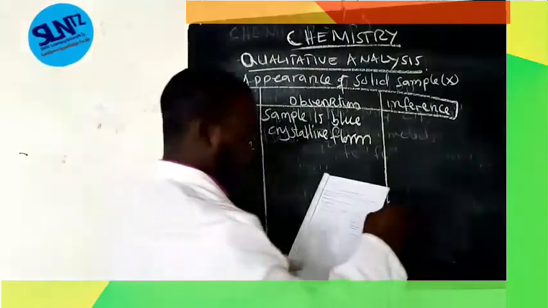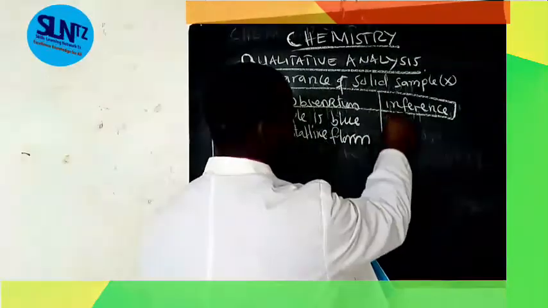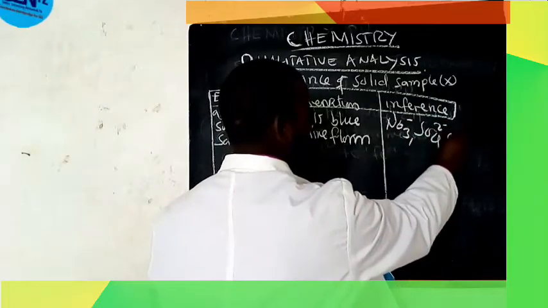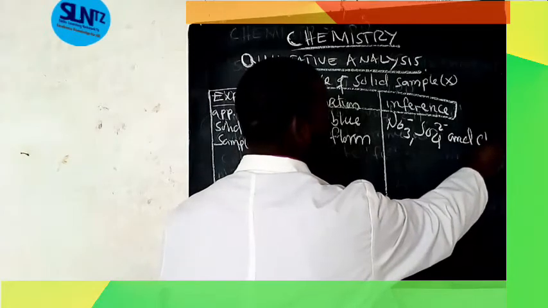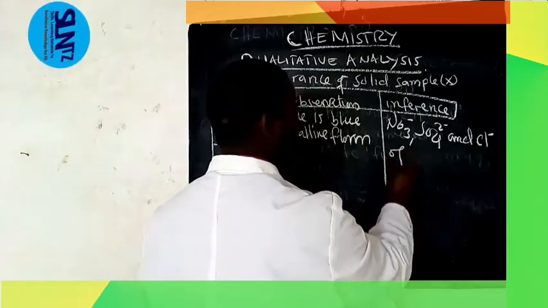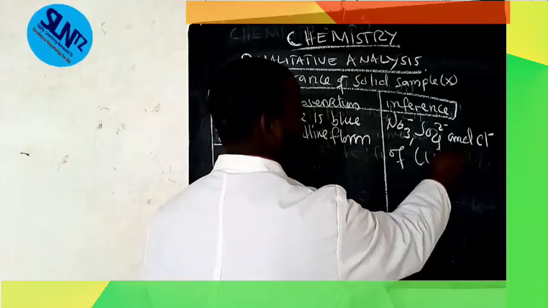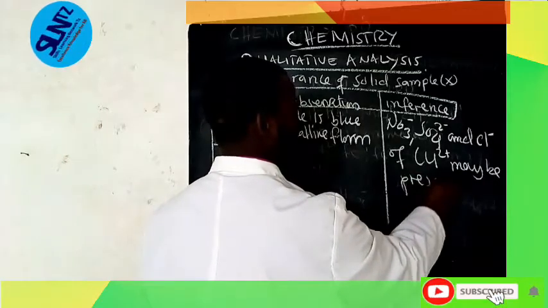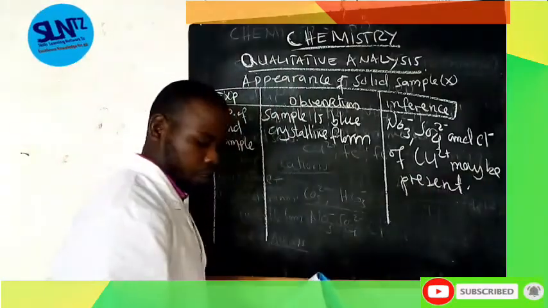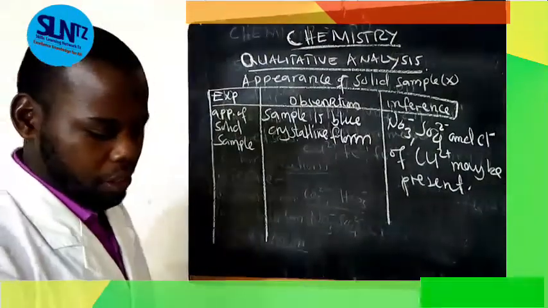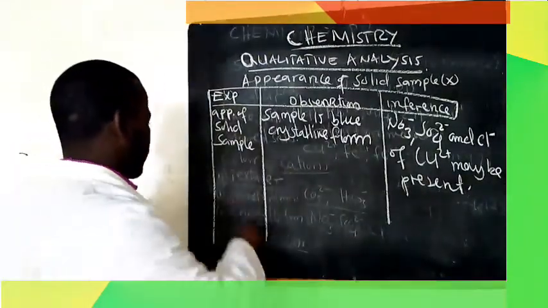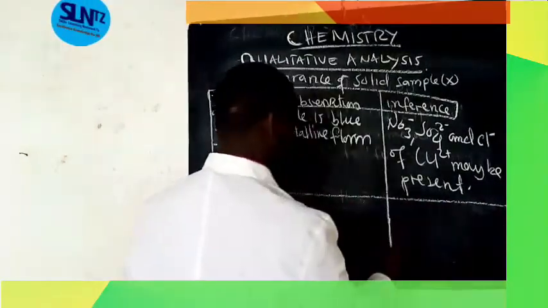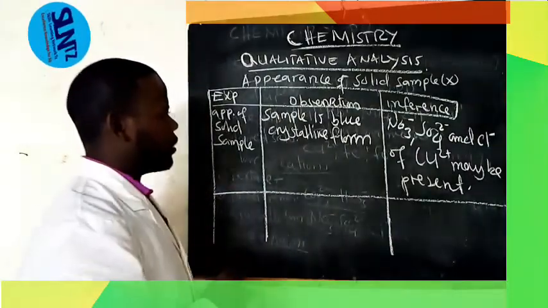So I will write this by joining nitrate, sulfate, and chloride ion of copper 2 ion may be present. So inside the appearance, this is what I have written for my sample.